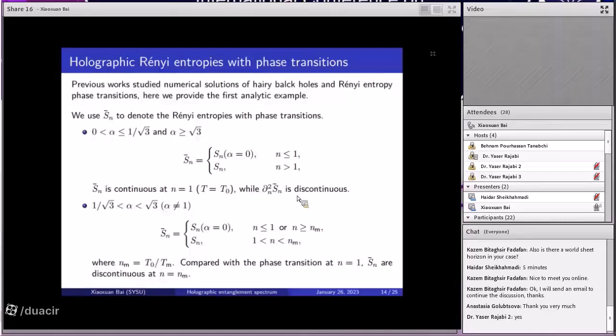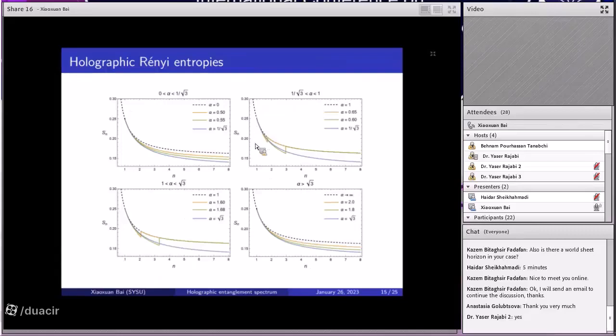We can see the two types of phase transition here. We plot the Rényi entropy as a function of n for different values of alpha. We can see in the second graph that the third order phase transition occurs when n equals 1 here, and the zeroth order phase transition occurs for n greater than 1.